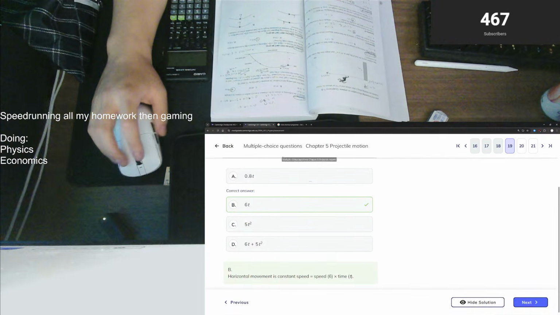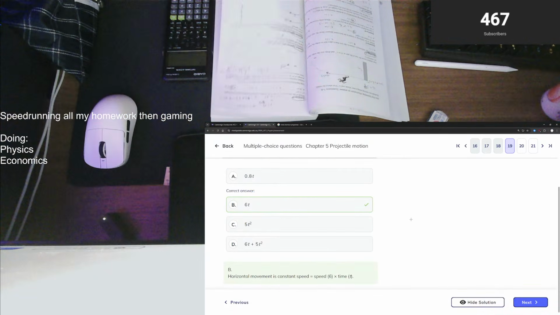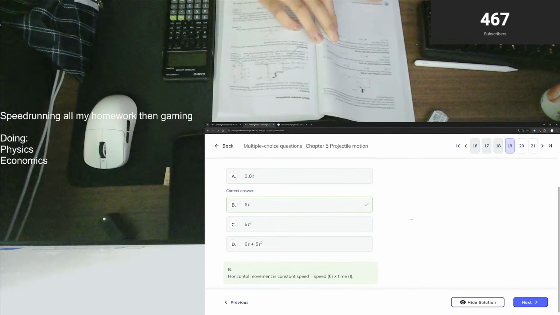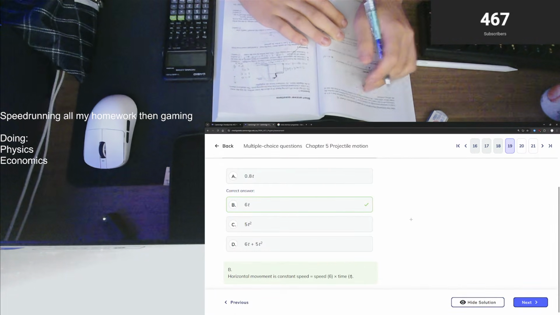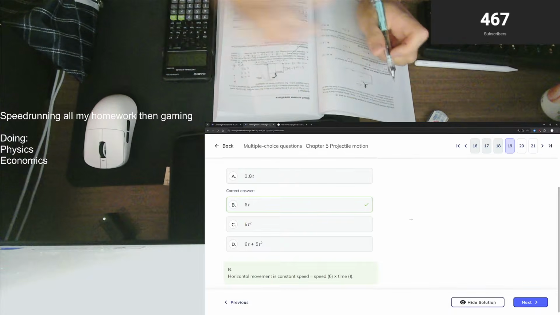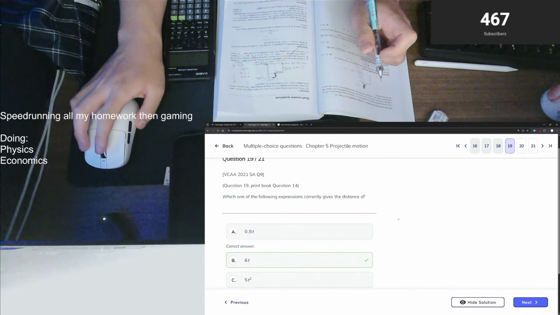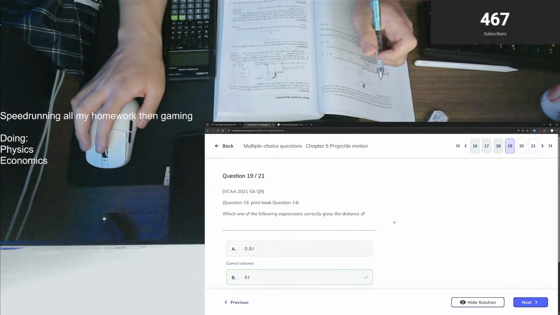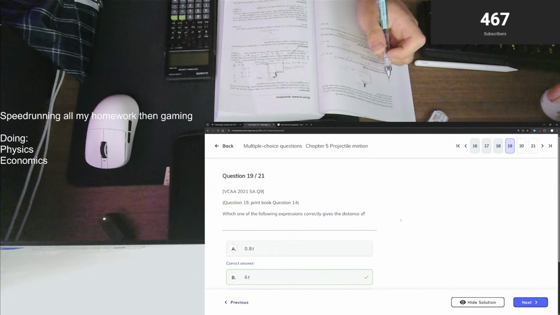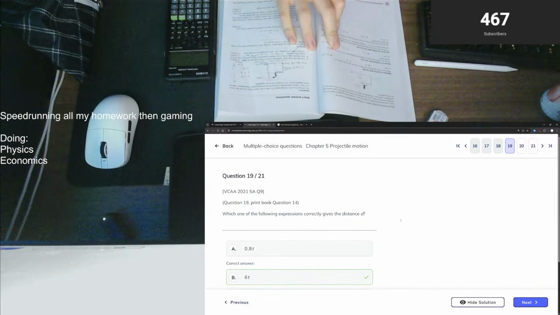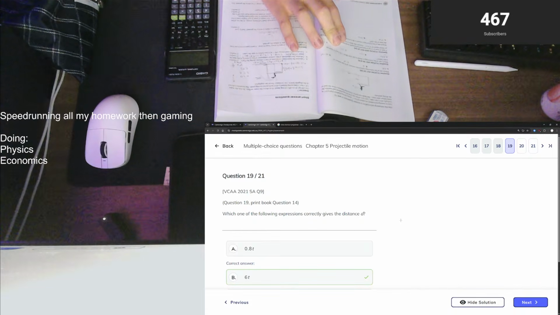What am I doing typing Indian stuff, bro? Meant to be doing my physics. Why is it D?